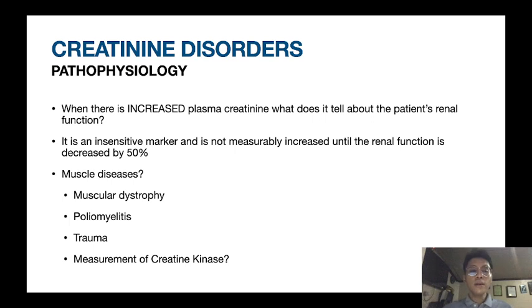Okay? So what about muscle diseases? Muscular dystrophy, poliomyelitis, trauma. So how can they affect creatinine? When there are muscle diseases, there will be an increase in creatine because it is released from the muscle. For example, muscular dystrophy will destroy the muscles. So, when your muscles are destroyed, it will release the creatine.